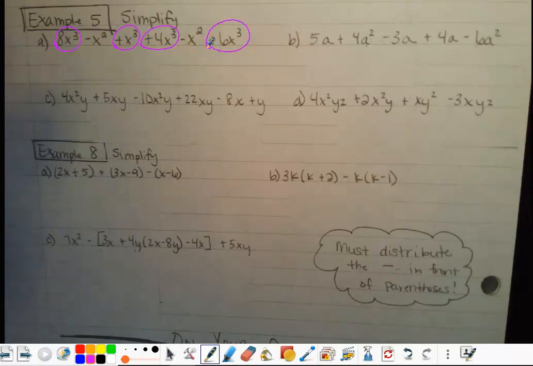So we're going to combine all those terms. So 8 plus 1, right? That's a 1 there. We don't write that coefficient 1, but we know it's there. So 8 plus 1 is 9. And then 4 and 6 is 10. So that's 19. So we have 19x cubed.